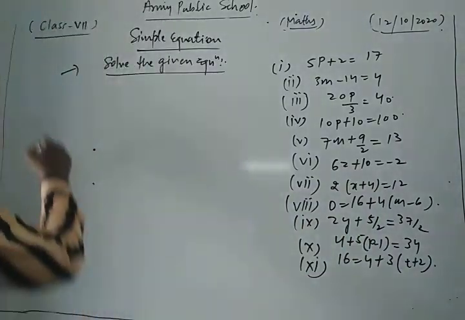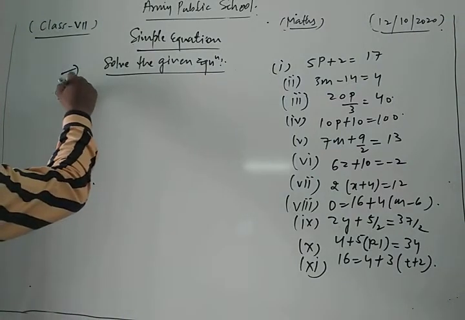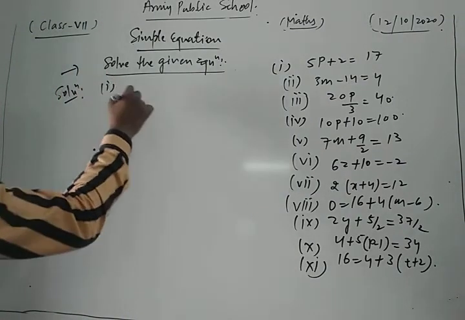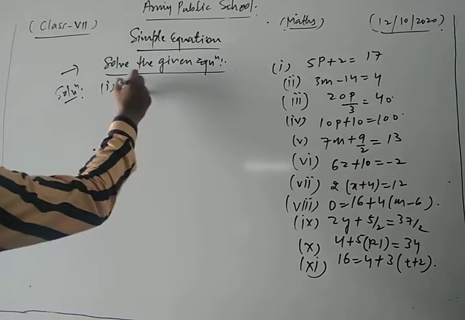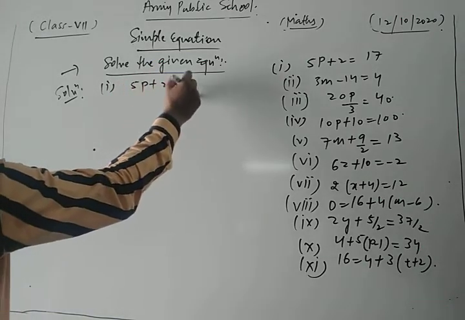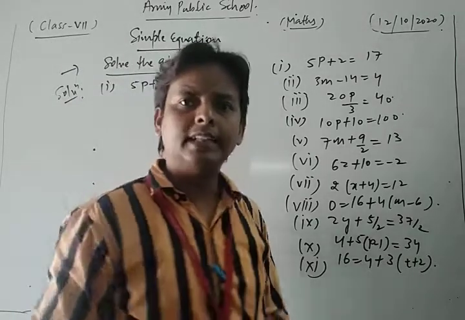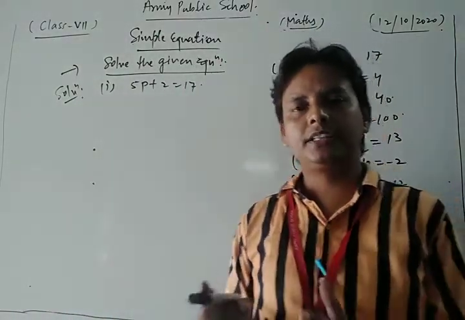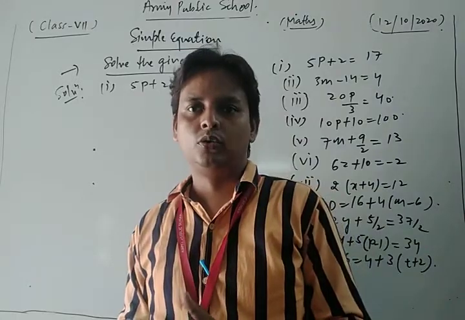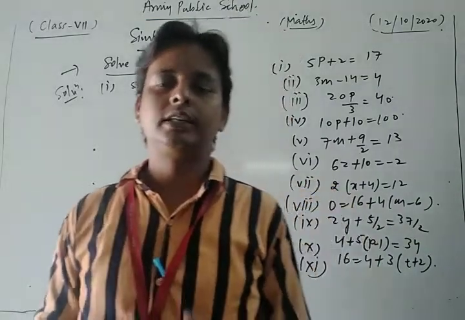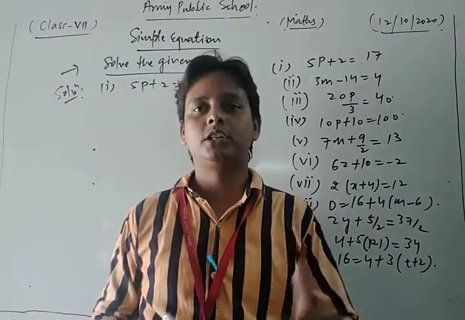Now let's solve the first part of this question: 5p plus 2 is equal to 17. Dear students, first of all, in this type of question, we separate the variables and constants, then simplify them, and hence we get our result.